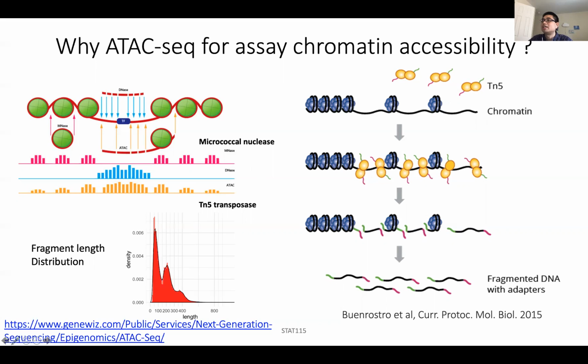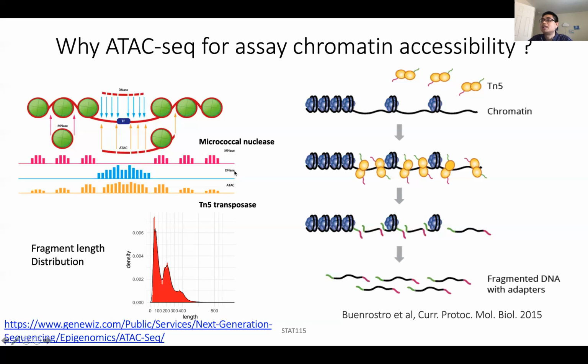As you may know, there are many other methods to assay chromatin accessibility. For example, we have MNase-seq or DNase-seq. For MNase-seq, it uses this enzyme called micrococcal nuclease, which preferentially cuts the linker DNA. So the end result is the nucleosome positioning information like this.